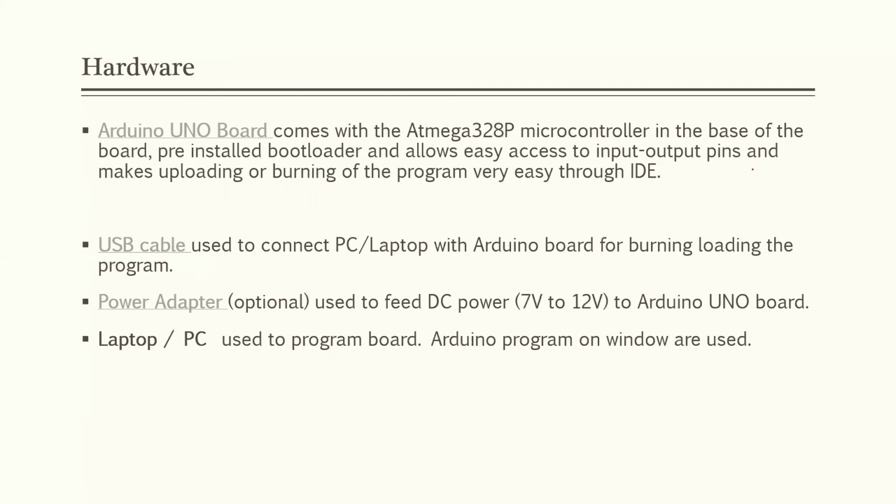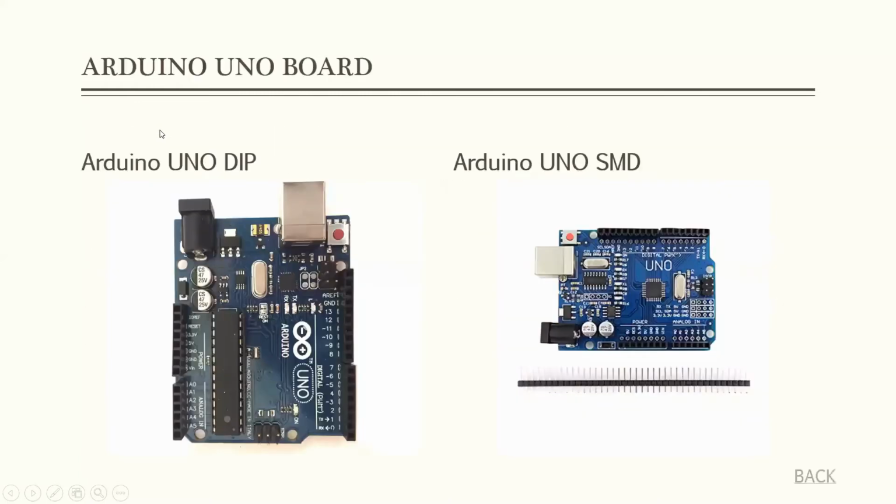In the hardware of the Arduino board, there are basically two versions of Uno boards. On the left side you can see the DIP package and on the right side is the SMD package. The board is available in both packages, and either DIP or SMD can be used.